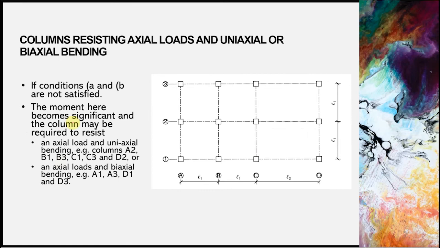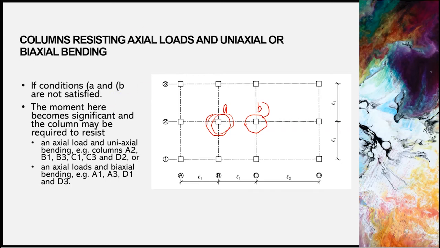So kalau condition A dengan B, maksudnya condition A yang macam ni, maksudnya dia symmetrically arranged. And also sama saja panjang-panjang beam dia. Okay, jadi dia adalah condition A. Tapi kalau condition B macam C2 sini. Ni B2, ni C2 untuk condition A and B.